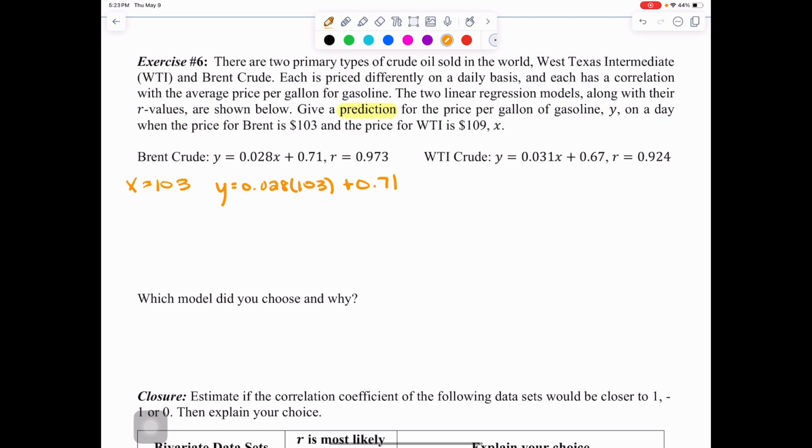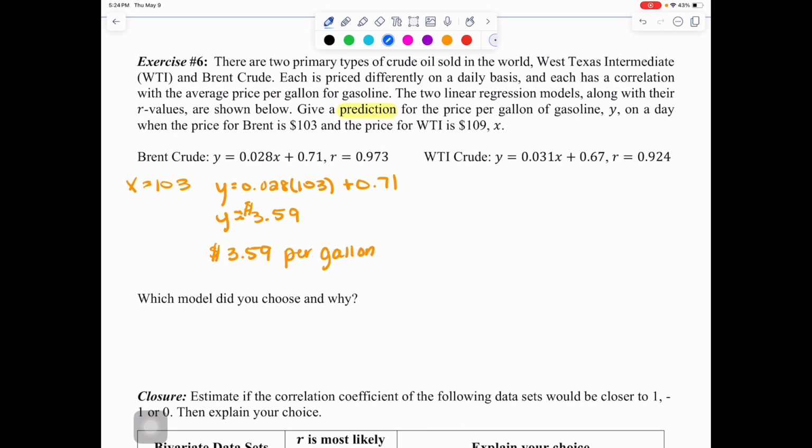When I type that into my calculator and calculate that, I'm going to round to the nearest hundredth, obviously, because we're talking about money. So 2 decimal places. And that means Y is approximately $3.59 per gallon. So we'll write that underneath. $3.59 per gallon.